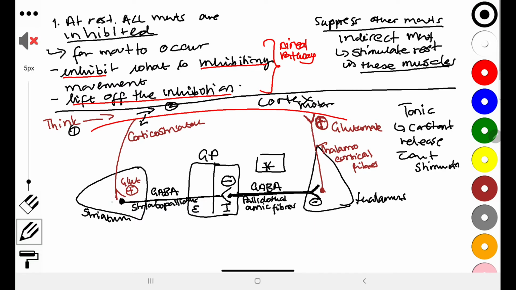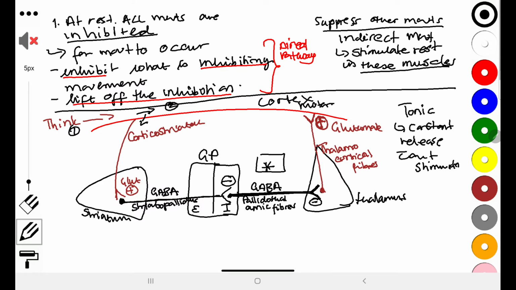These stimulate the striatopallidals, which release GABA on the globus pallidus internus. Once GABA is released there, it inhibits the pallidothalamics. Once these are inhibited, they have lifted off the inhibition between the thalamus and the cortex.